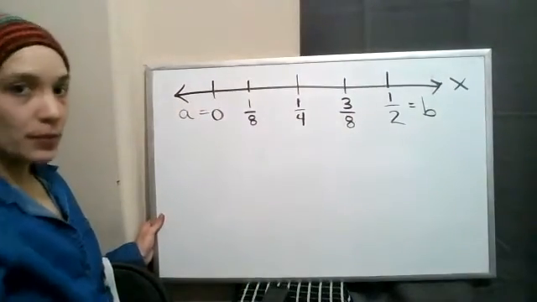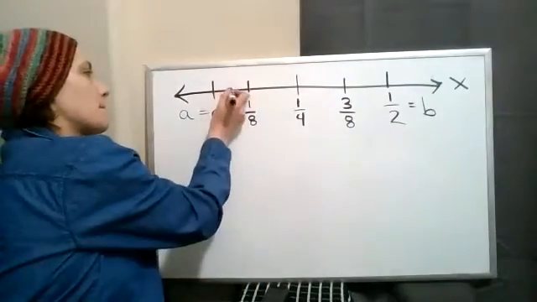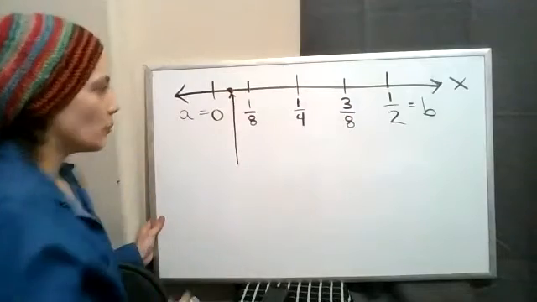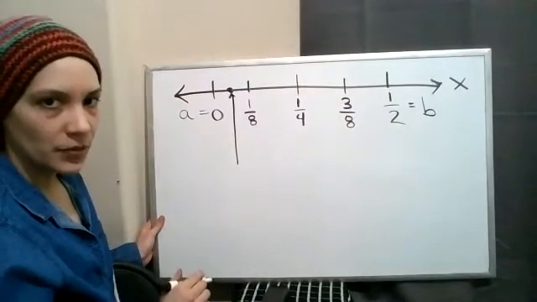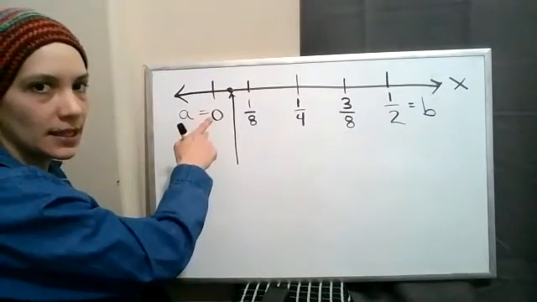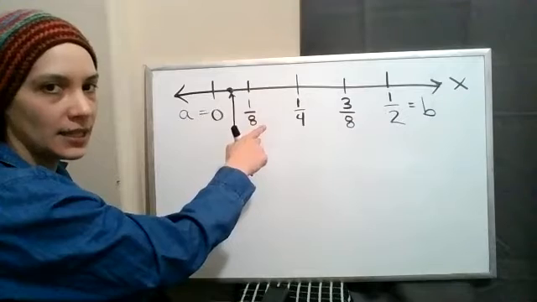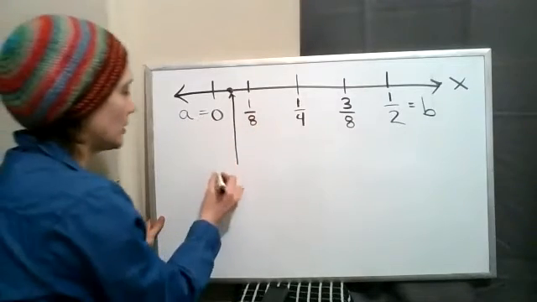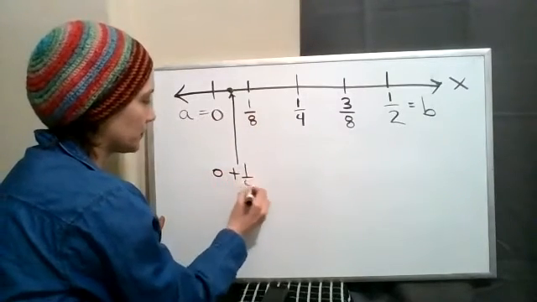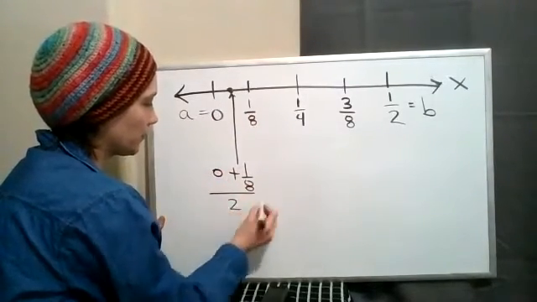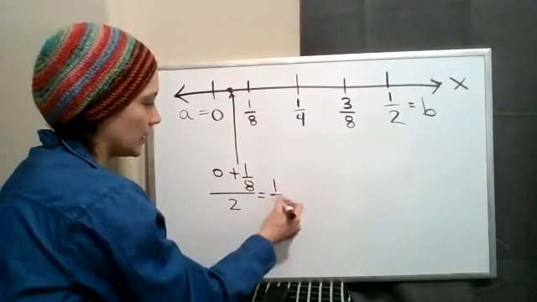So for the first midpoint, we'll plug the numbers right into the formula, which would be take the beginning, add it to the end, divide both by 2. So take 0, add 1/8, divide by 2. That got me 1/16.